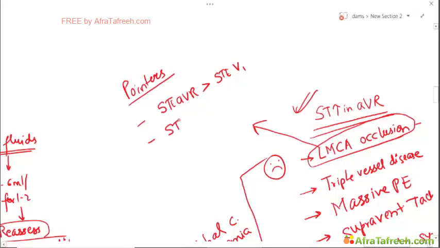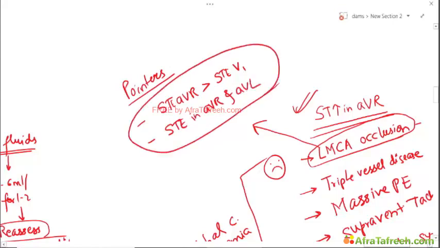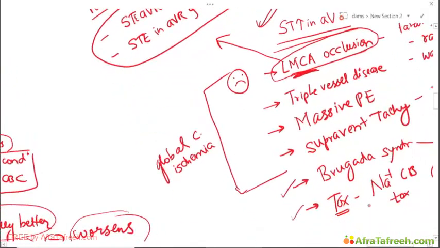Next is simultaneous ST elevation in AVR and AVL. So these are two important pointers. After the clinical picture is clear, like the patient is in cardiogenic shock and you see this kind of a picture, then you should suspect a left main coronary artery occlusion. Okay, a close differential again would be sodium channel blockade toxicity, which could also present with hypotension, tachycardia and ST elevation in AVR.